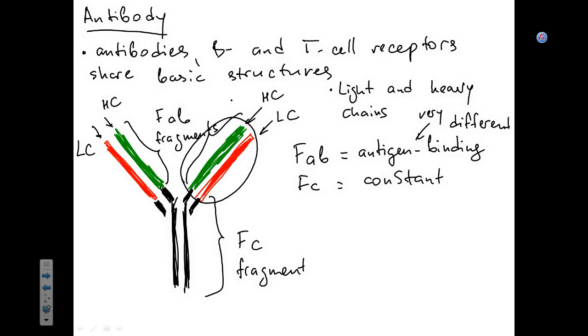Billions of different genes. Let's assume that one antibody is 200 amino acids. How many nucleotides you need to encode one amino acid? You need 3, right? So 200 amino acids means that the gene has to be at least 600 nucleotides.